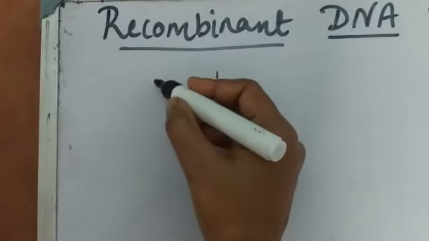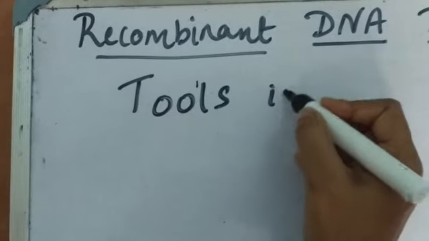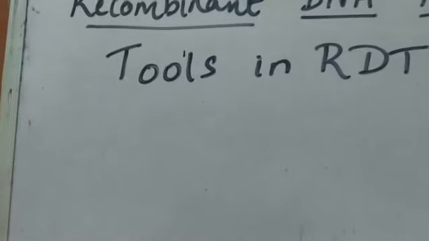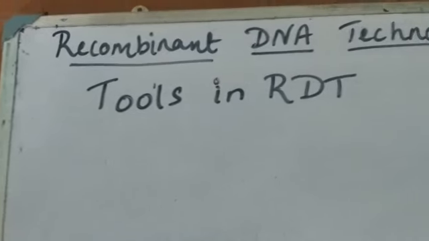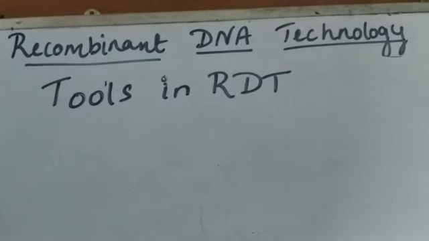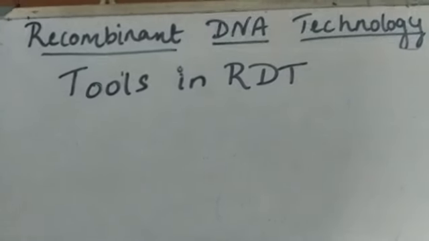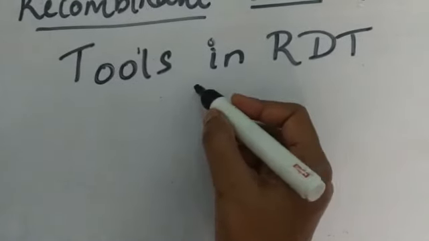Today, what we are going to discuss is tools in recombinant DNA technology. So, to do any kind of gene cloning, we need to have certain tools. And the tools can be broadly classified into two categories.